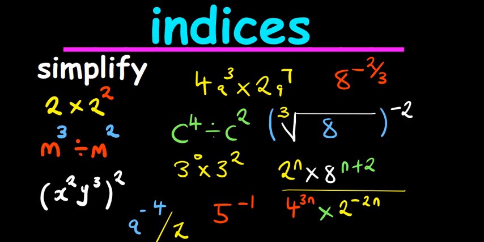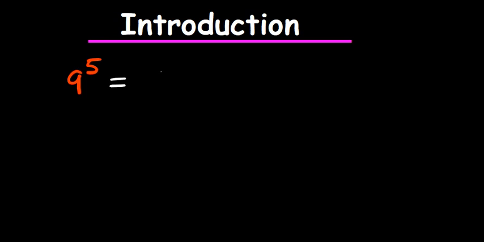So what are the basics? What are we supposed to know? When we talk about an index or an indice, these are also called exponents, or exponentials. If I've got a to the power 5, what a to the power 5 means is you're multiplying a by itself 5 times. So it means a multiplied by a multiplied by a multiplied by a multiplied by a.